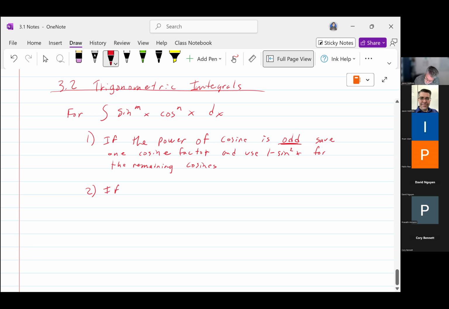Okay, if the power of sine is odd, then do the same thing, but in reverse. Save one sine factor and use 1 minus cosine squared x for the remaining sines.